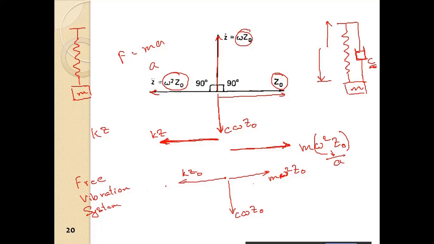We have already discussed this anyway, so I'm just recollecting so that it becomes easier to follow whatever we are going to discuss next. So we have the free vibration system, and a mass, spring and dashpot system.